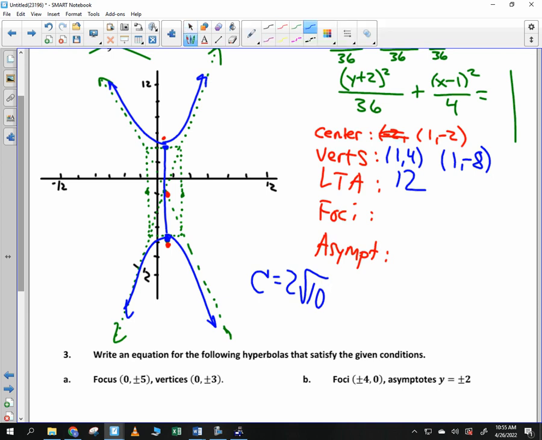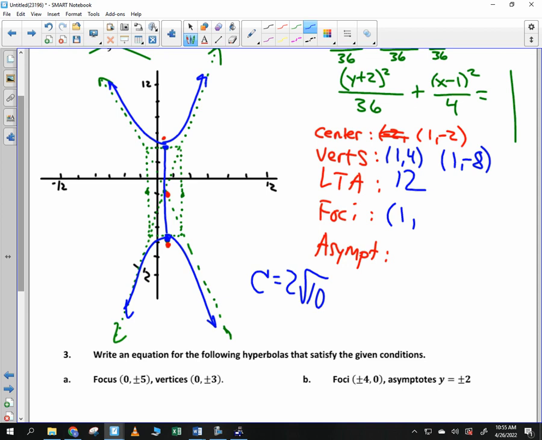So this is pretty important because this is the part that people make the mistake on. So I'm going to list my foci. Did that change the x value of the center or the y value of the center? The y value. So the x value stays the same, which is positive 1. And then from the center, what's the y value of the center?